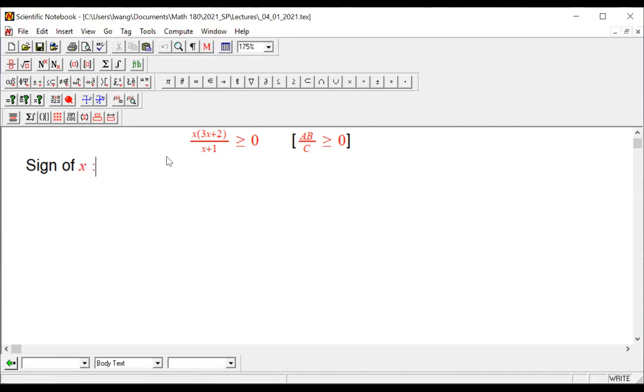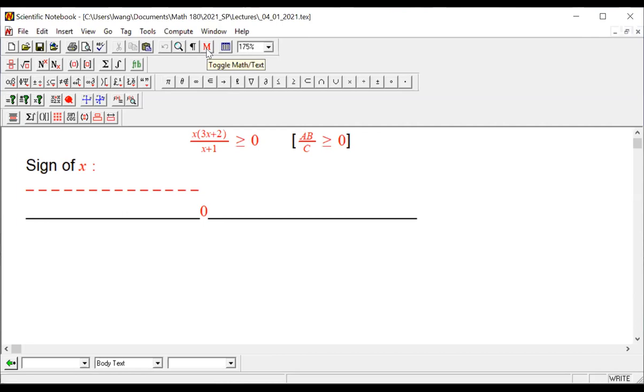What's the sign of x? This is familiar to us, right? x changes sign at 0. So when x is less than 0, it's negative. When x is 0, it's neutral. When x is larger than 0, it's positive.